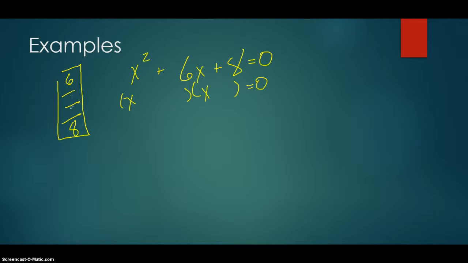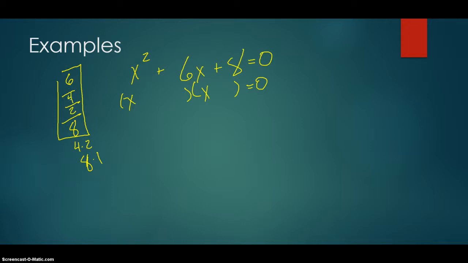And once again, I'm looking for the 2 numbers that when multiplied together give me 8 and when added together give me 6. And I know that the multiples of 8 are 4 and 2 and 8 and 1. So looking at it, when I combine 4 and 2 using addition and subtraction, I can get 6. I can't do anything with 8 and 1 that's going to give me the number 6, so I know that 4 and 2 are what go right here.